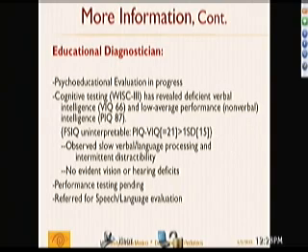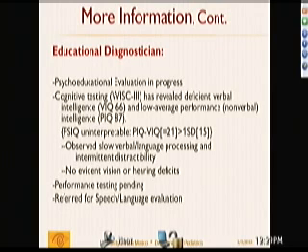So we asked the educational diagnostician what's being found. She described some preliminary findings of a psychoeducational evaluation in progress, that the cognitive testing is showing deficient verbal intelligence, and there's a disparity between that low score and a low average score in nonverbal intelligence. So we can't interpret this as a full-scale IQ.